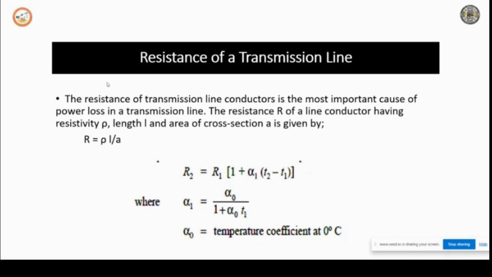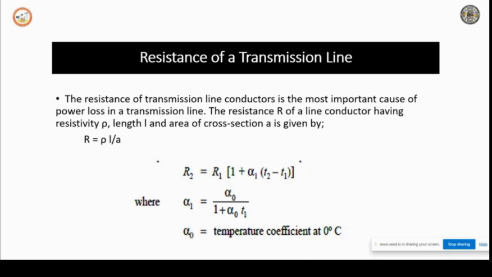From this we can write R2 by R1. If R1 and R2 are the resistances of the conductor at temperatures t1 and t2 in degrees centigrade, and if T is the constant, then R2 by R1 will be equal to capital T plus small t2 divided by capital T plus small t1.